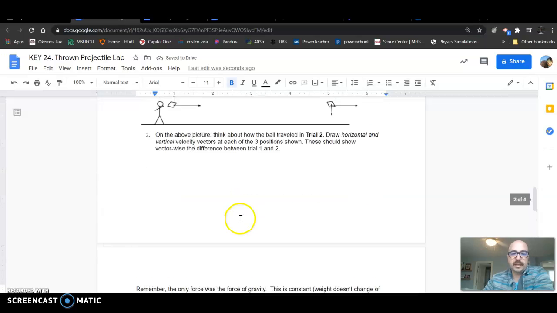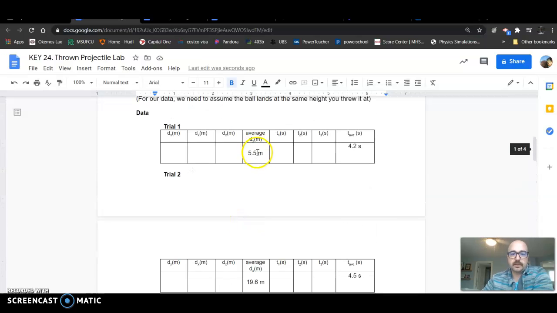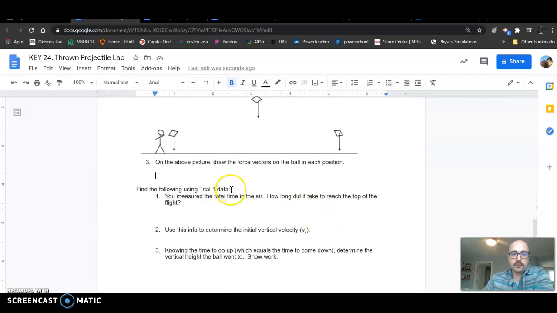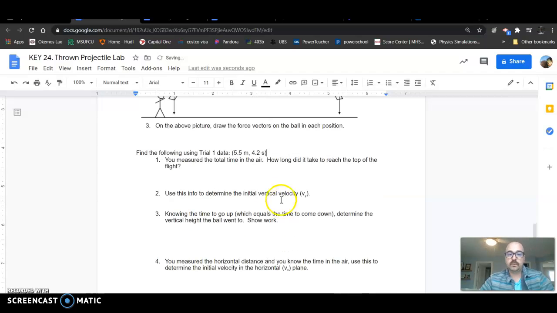Let's see, trial 1 data. So what did we make up here? I used 5.5 meters, 4.2 seconds. All right, so I'm just going to put that in here, 5.5 meters and 4.2 seconds. So that's what your data would stem from, whatever you had for trial 1, your averages for the different measurements.